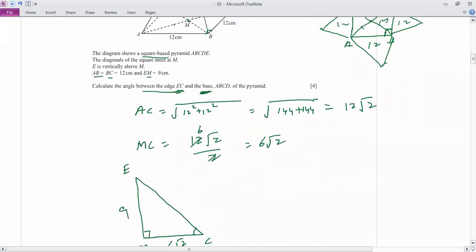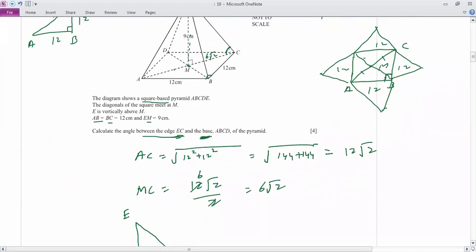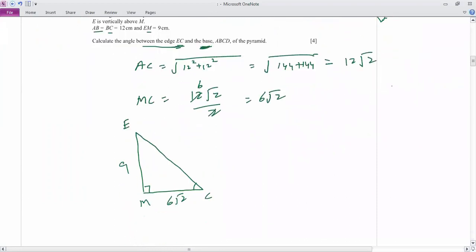I don't know whether I told you before or not. So this is the diagonal, yes? So this angle you have to find. Now you can say this angle is C. So this is opposite, this is the hypotenuse, and obviously this one is adjacent.